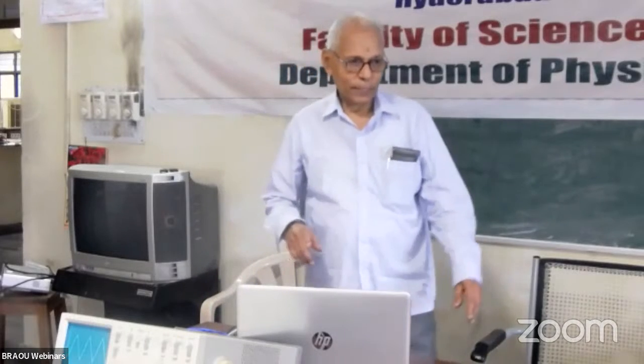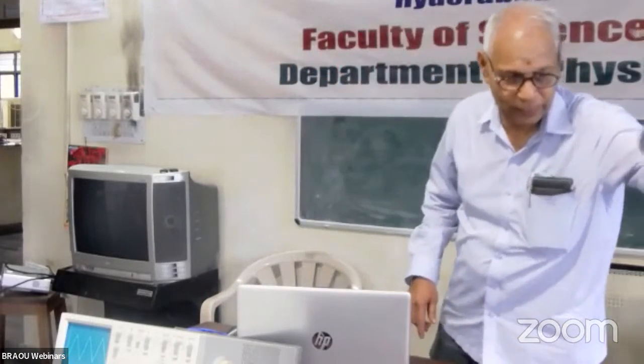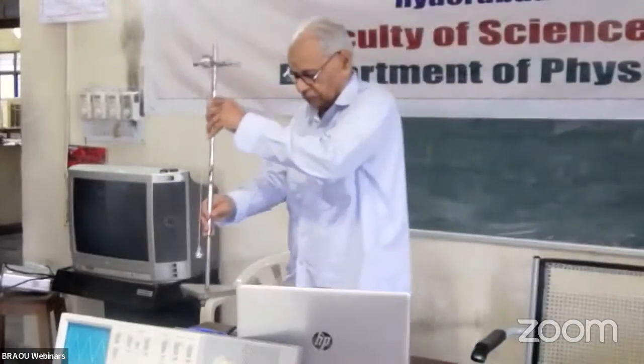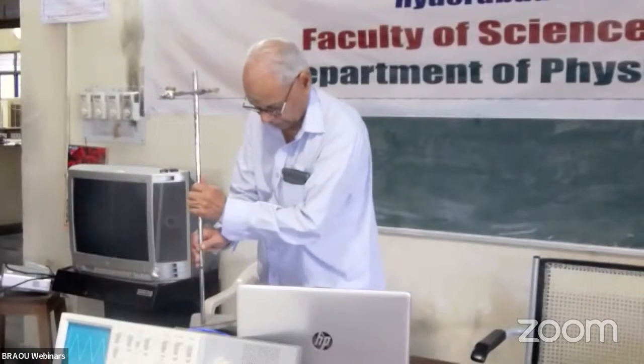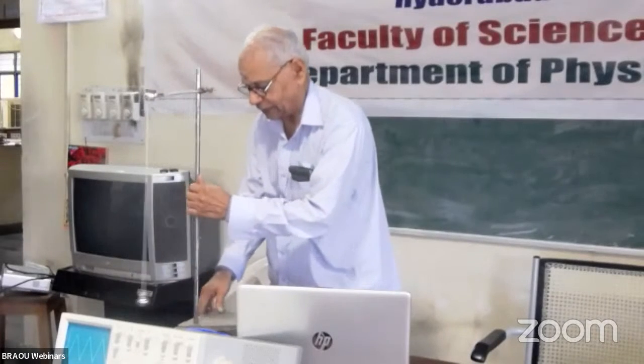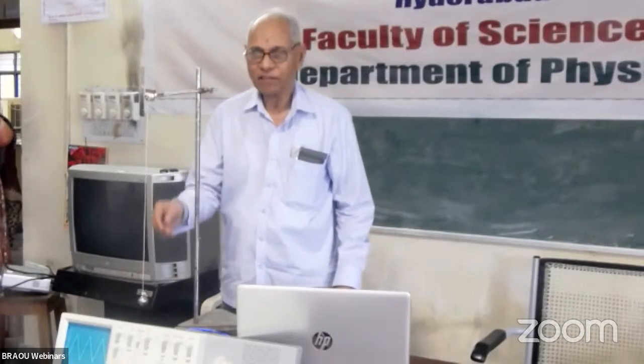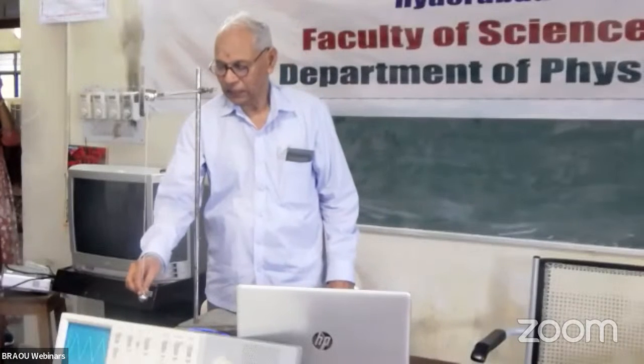If you have something like this, a stand and a pendulum bob, many of you must have seen it. Are you able to see? If you pull it like that, it will be oscillating.